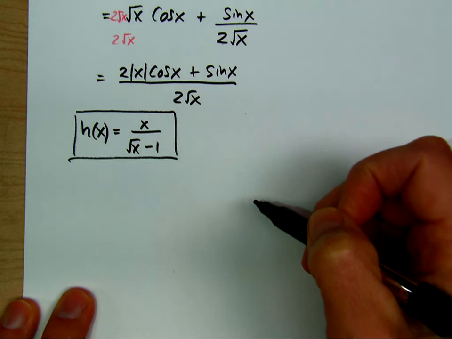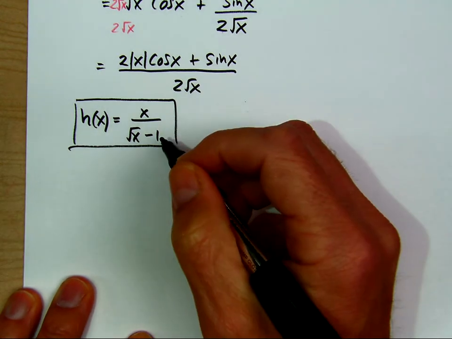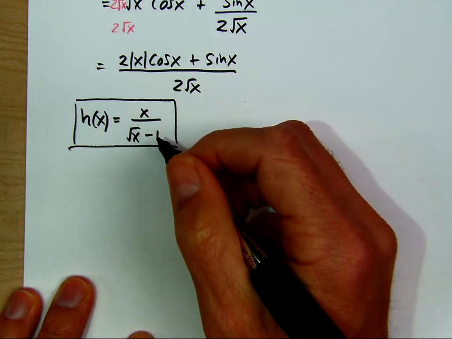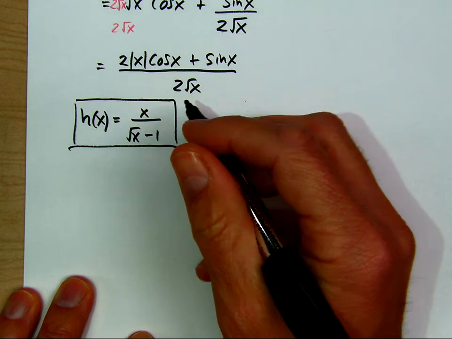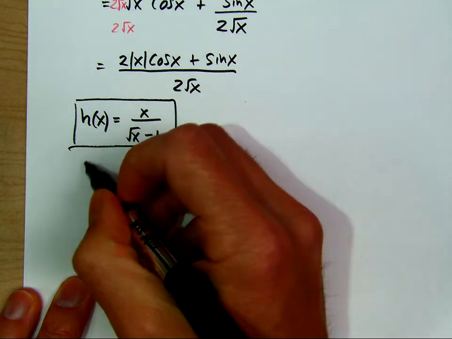Now we have a quotient, and let's write it as a fractional exponent.